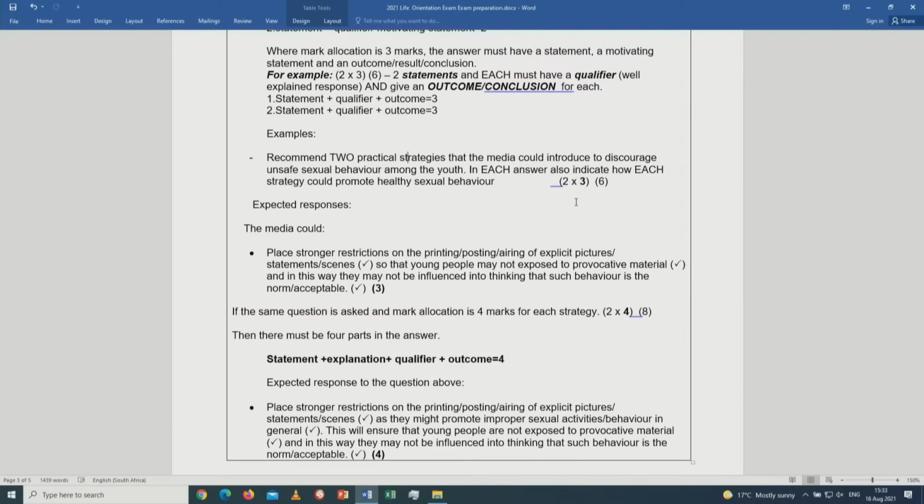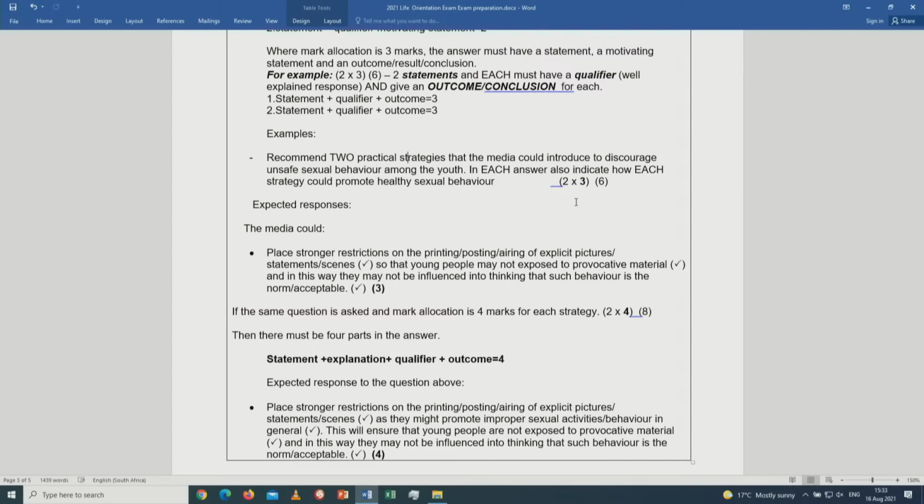Regardless of how much they have written, be it in a half a page type of a response, but as we read through that half a page and we can only find a statement, a qualifier, and an outcome, you will then get only 3 marks out of 6. So you can't go back to the teacher and say, but ma'am, I wrote half a page and out of 6 marks you only gave me 3 marks. No, that's not how it works.